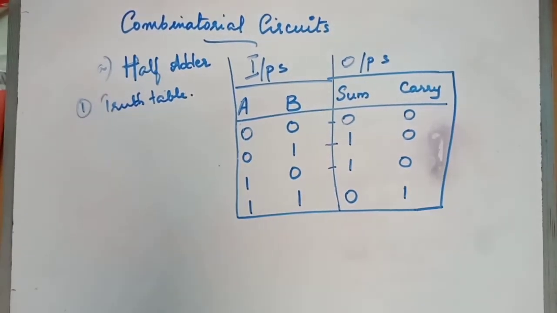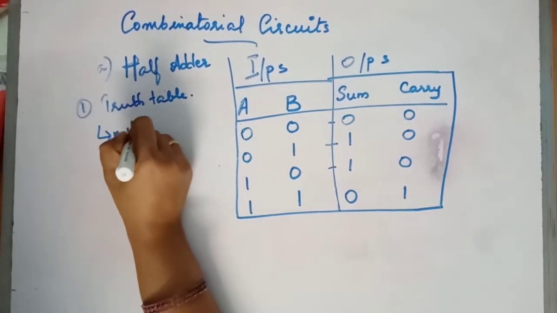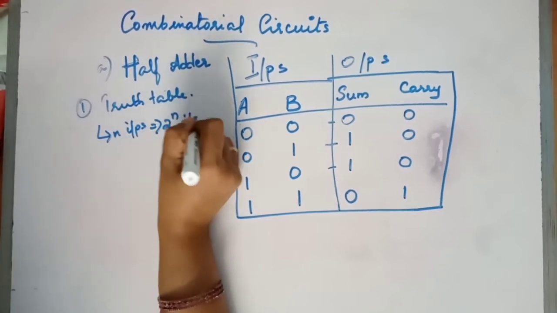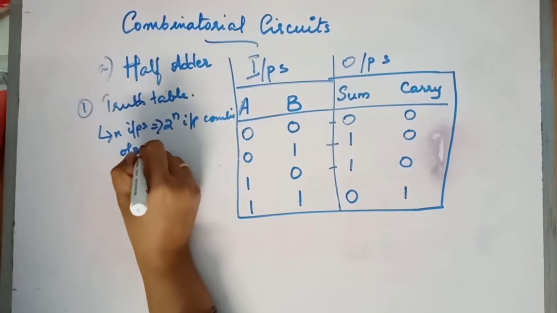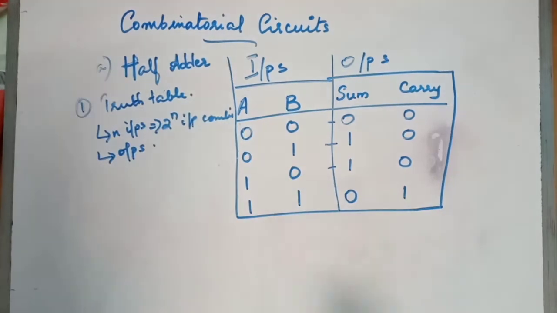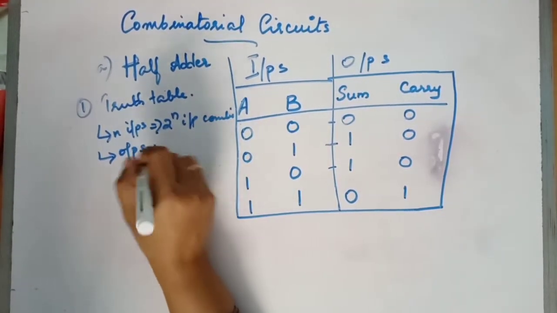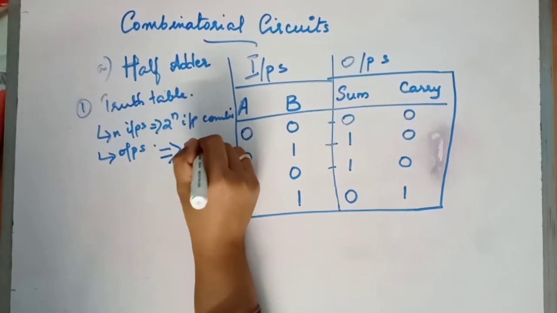This is the way: n inputs means 2 raised to n input combinations, then write the outputs. Thereby you got the truth table.